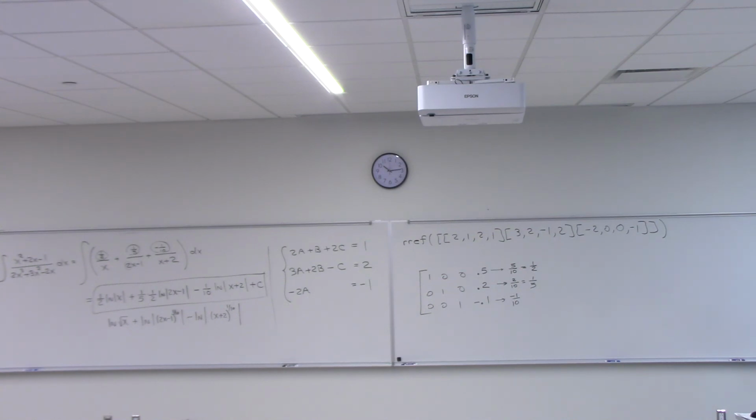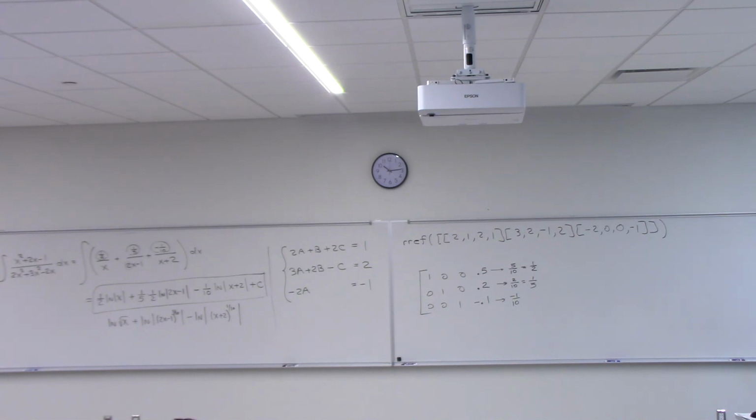Whoa. That's kind of creepy. It knew what the denominator should be. That is creepy. That means this problem's out of a book. Okay, so it gave the answer out of the book. I mean, it gave the answer we got, right?